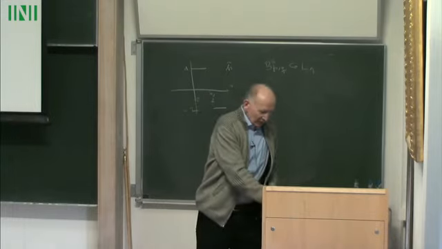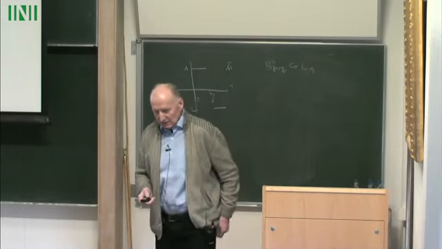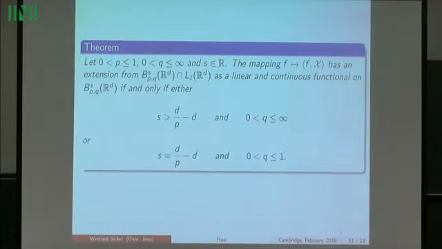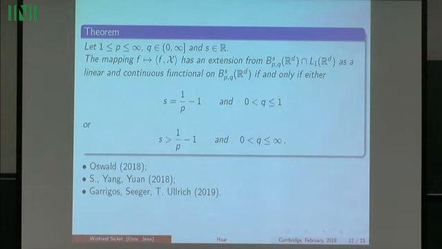So there is no extension in cases where we have singular distributions, but this is only true for p less than 1. If p is bigger than or equal to 1, the outcome is different. Then the limit for the extension to be linear and continuous on Besov spaces is given by this case.